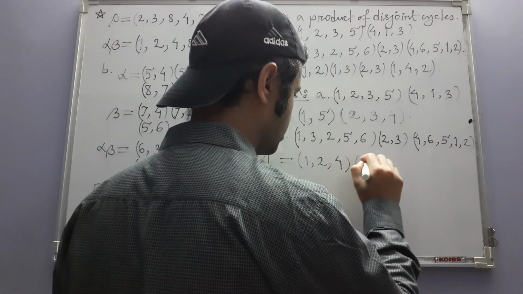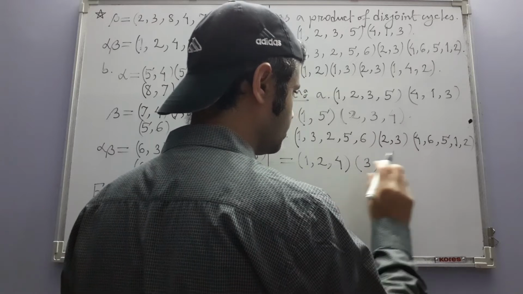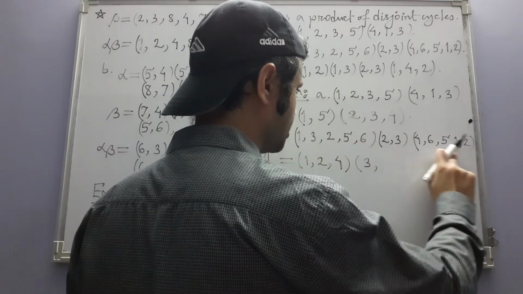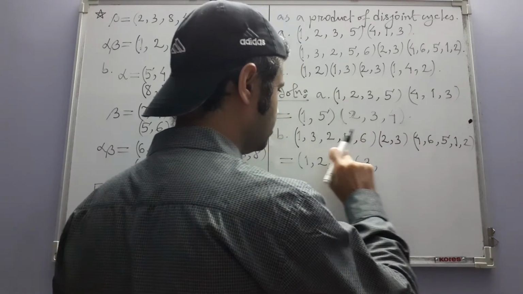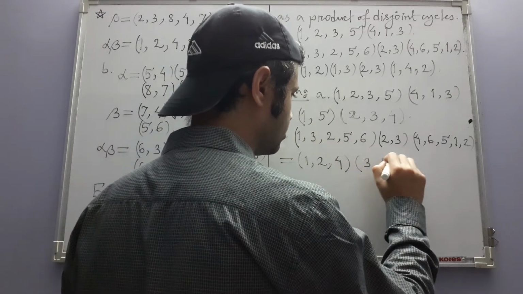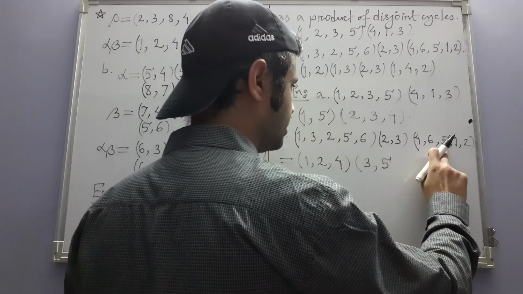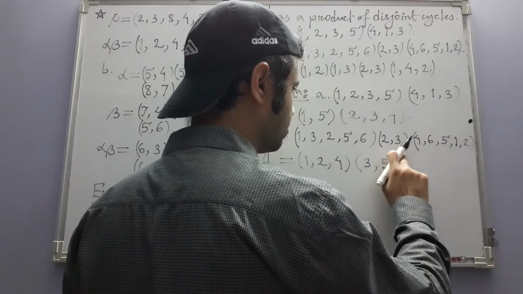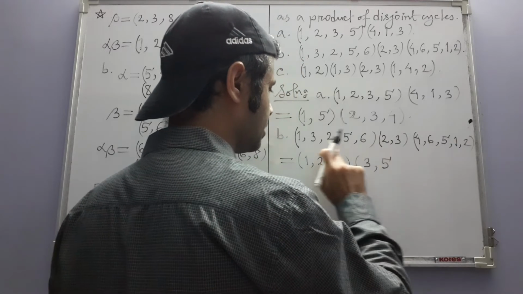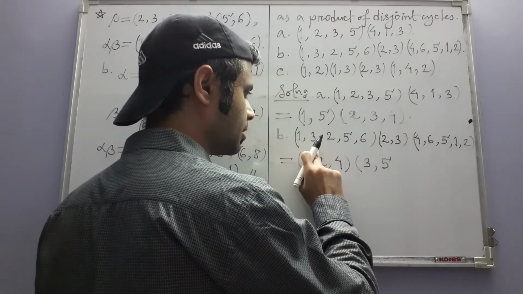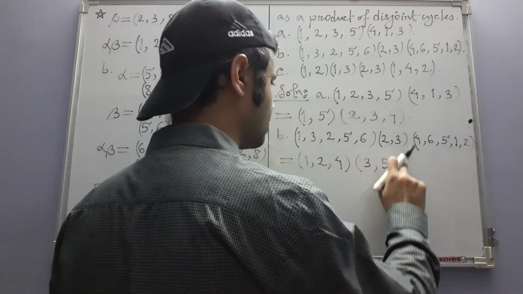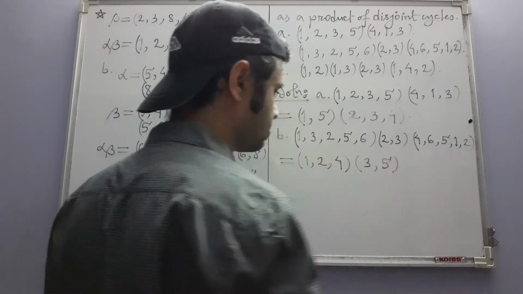Then let us take 3. 3 is unchanged by this, 3 goes to 2, 2 goes to 5, so 3 goes to 5. Then here 5 goes to 1, 1 is unchanged by this, and this one sends 1 to 3, that means 5 goes to 3 back.